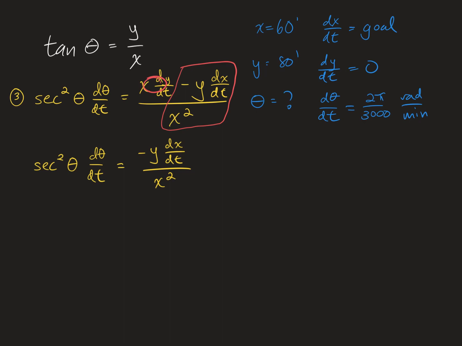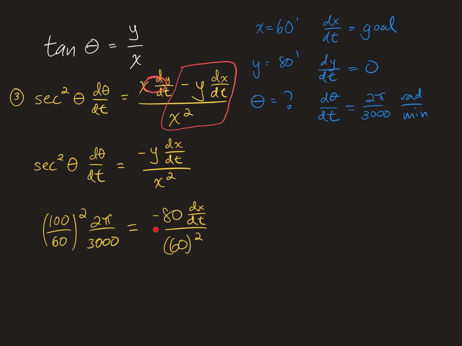Now we can write things out here. Here are all of the values substituted into the equation. Now all we have to do is solve for dx dt by dividing both sides by -80 and multiplying both sides by 60 squared.